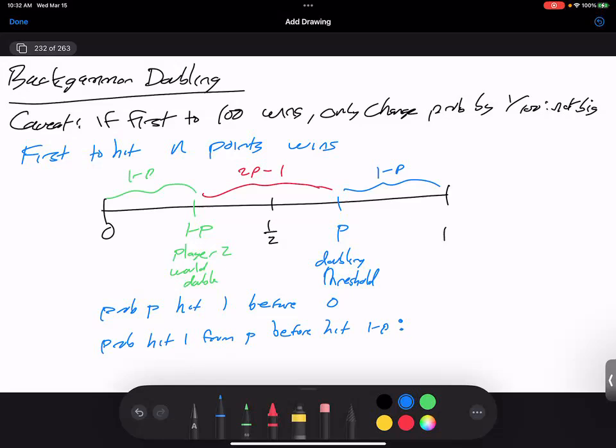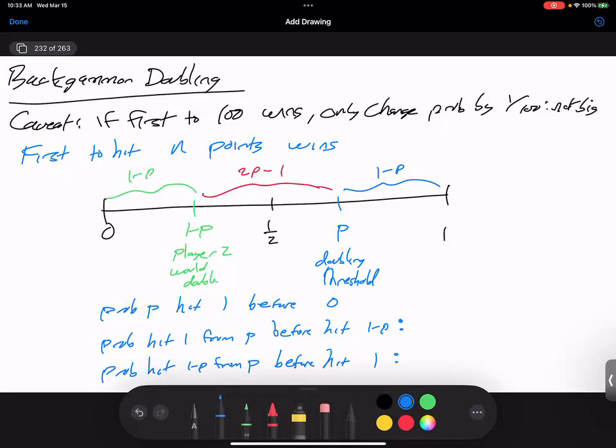So what's the probability that we make it from p to 1 before we go from p to 1 minus p? Say that again.